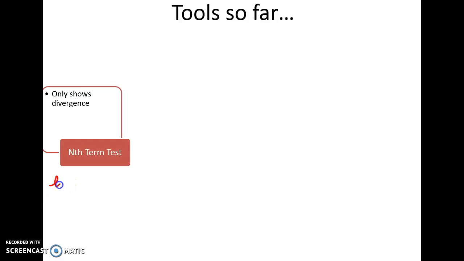You look at your terms as a sequence and ask, what does the nth term approach? If it approaches 0, then you're in good shape. If it does not approach 0, then the series diverges. So the nth term test only shows divergence.